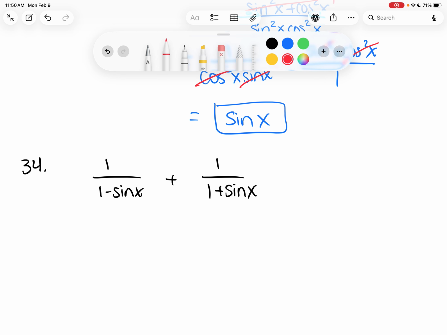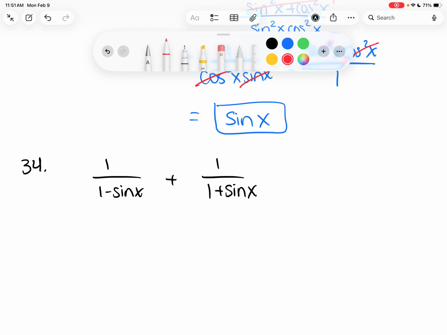Never mind, it's just going to change all the signs. Not a bad thought, just not going to help me get to where I need to get to. You could find a common denominator. How? You could multiply by the opposite ones. Yep, multiply by the opposite ones.